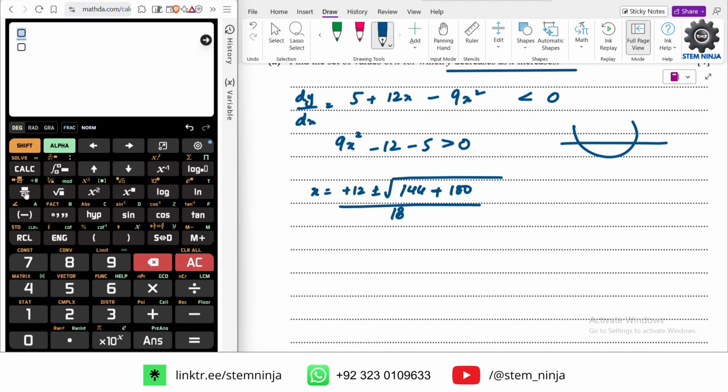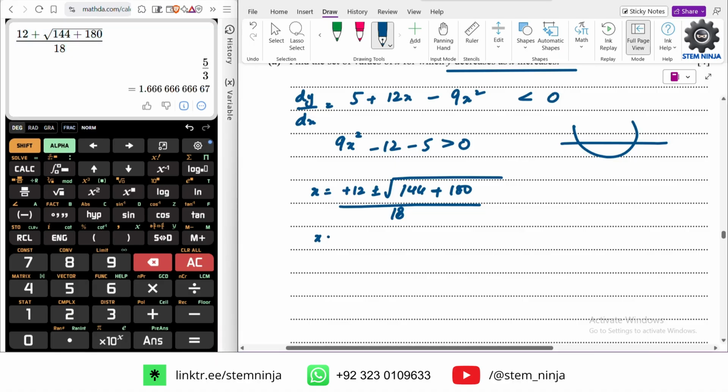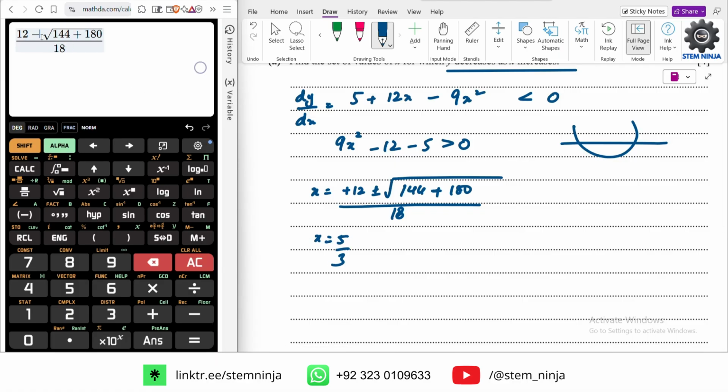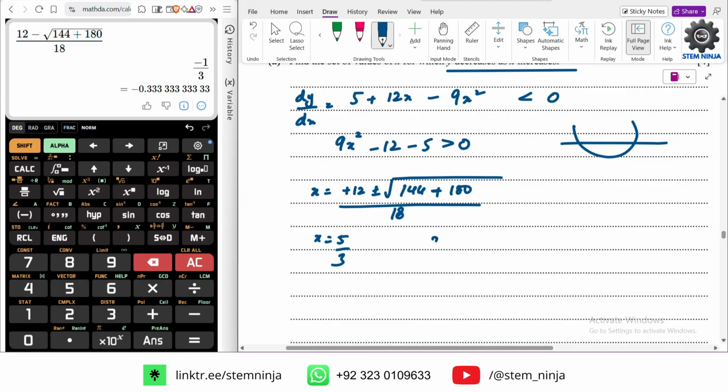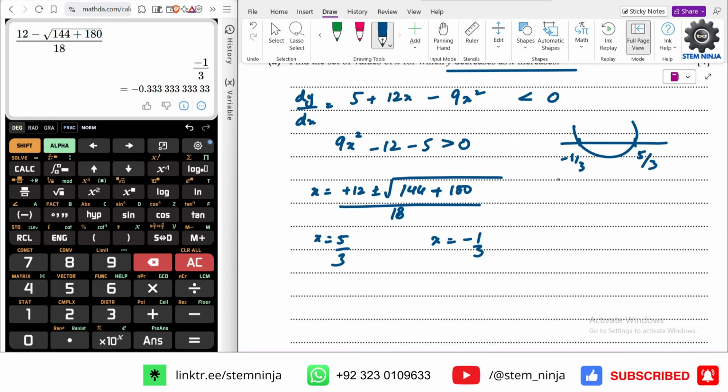So you have 12 plus the square root of 144 plus 180, divided by 18, 5 over 3. One answer is 5 over 3. The other answer would be minus 1 over 3. So this is your minus 1 over 3 and this is your 5 over 3. So these are the critical values.